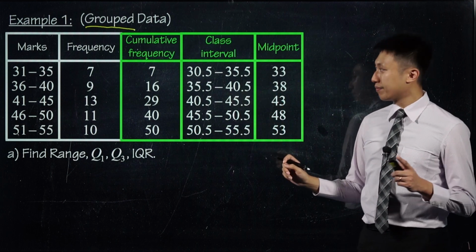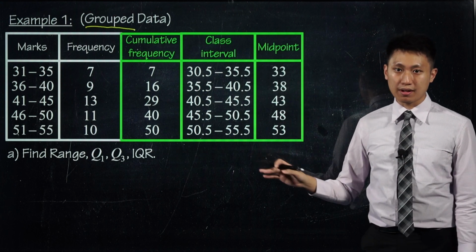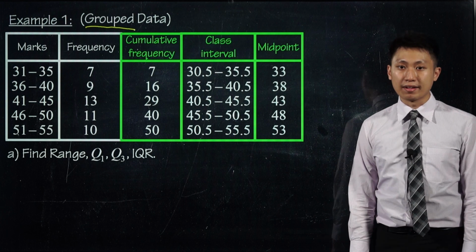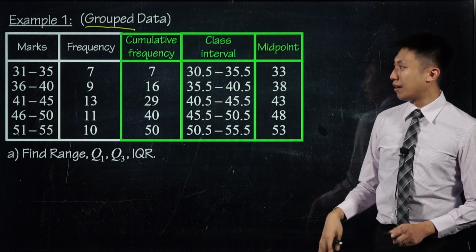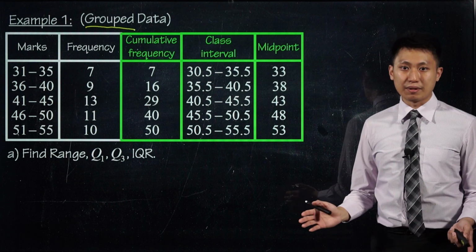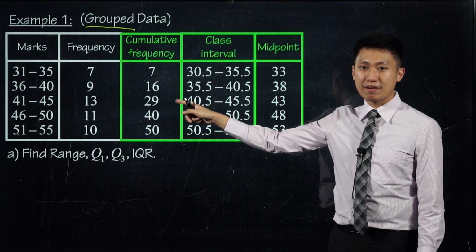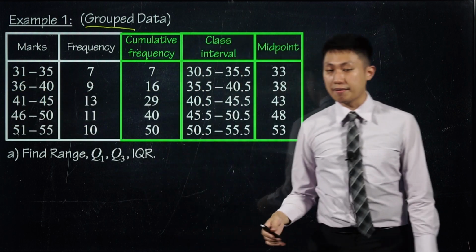So I think you are allowed to directly write down the midpoint. It's very obvious, so your examiner has no problem with that without working. If you are afraid you will get marks deducted, just write this one instead of writing 35.5 minus 30.5 divided by 2, or even 35 minus 31 divided by 2.